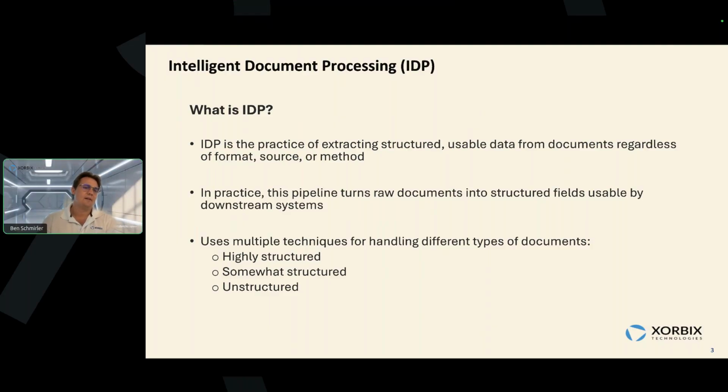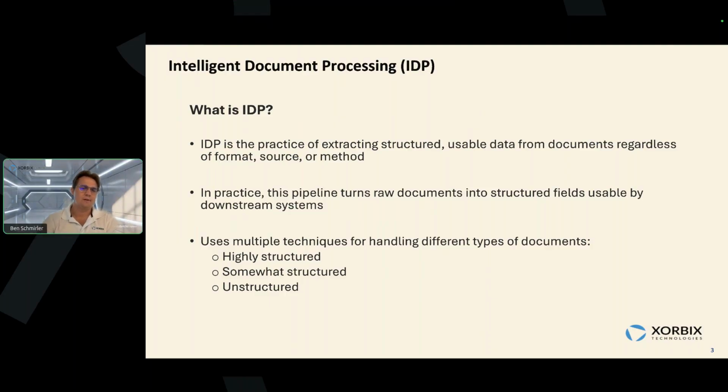That's the critical step of extracting the data from its raw presence, whether it's in a PDF or email, to be able to use it downstream. In practice, these pipelines typically contain multiple steps, and ultimately they turn raw documents into structured fields, into tables, you could say, that could be used by Power BI or Databricks, or other AI systems downstream.